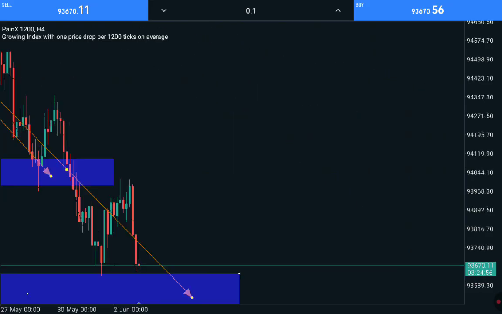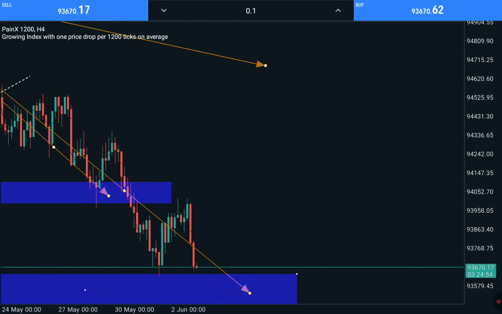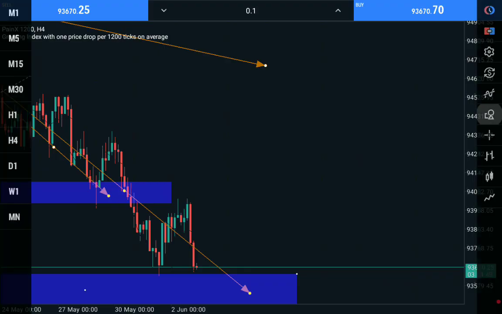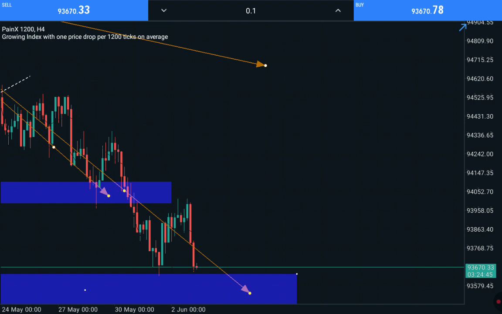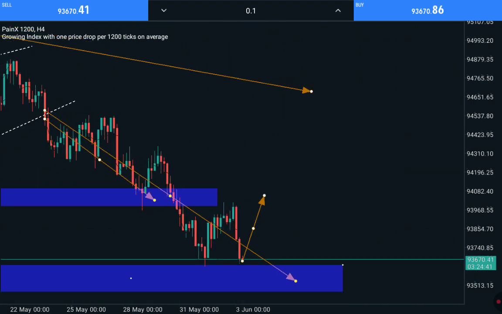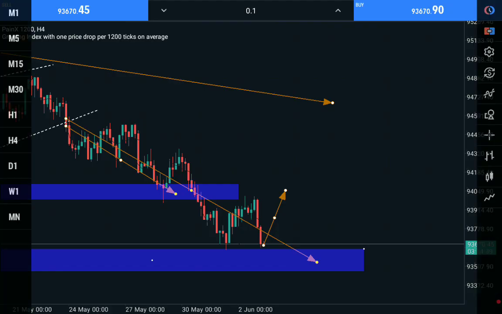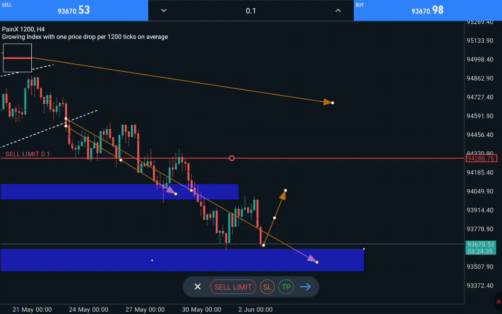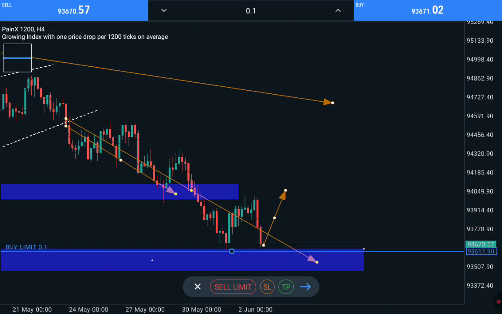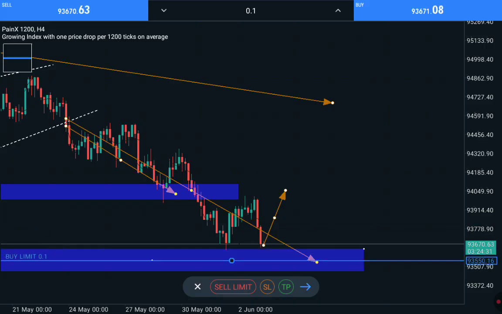So the reversal that has been formed here is actually a double bottom, meaning that price is likely to reverse from here and go upwards. All right, so since we imagine we entered elsewhere there, we sold, and the market is touching this blue zone, this is where our exit will be.